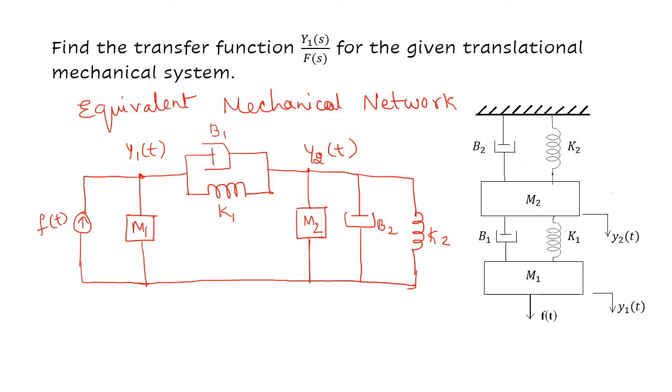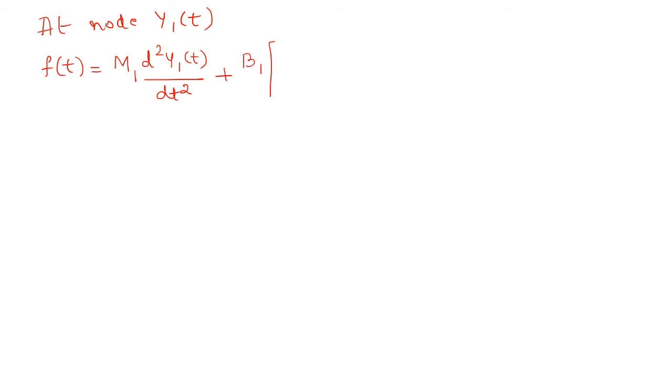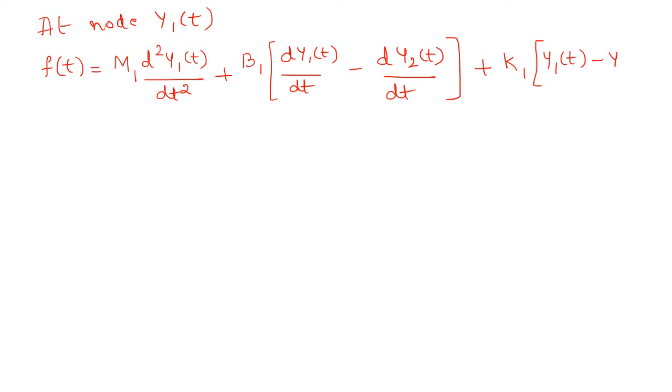So the first differential equation, considering node Y1 of t: the applied force is F of t, equal to M1 d square Y1 of t by dt square plus B1, between Y1 and Y2, dY1 of t by dt minus dY2 of t by dt, plus K1 into Y1 of t minus Y2 of t.